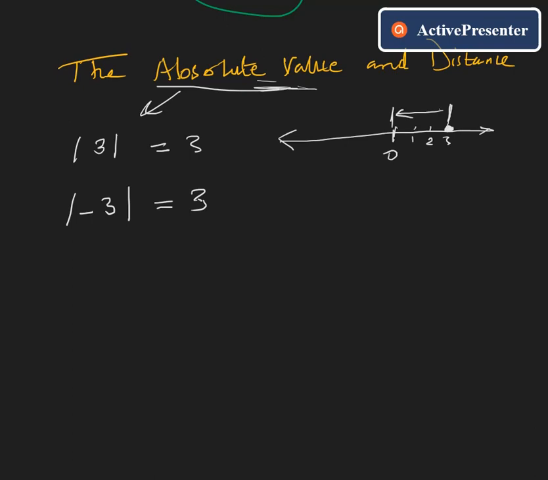Between this and this is the distance, which is 3 units. Also, the absolute value of negative 3 is the distance between negative 3 and the origin. What is the distance from here to here? It should be 3 units.